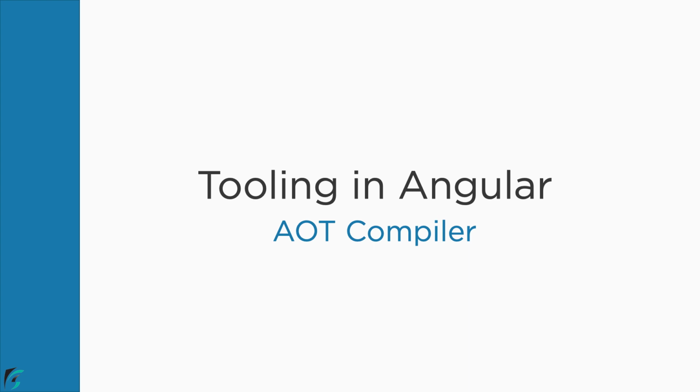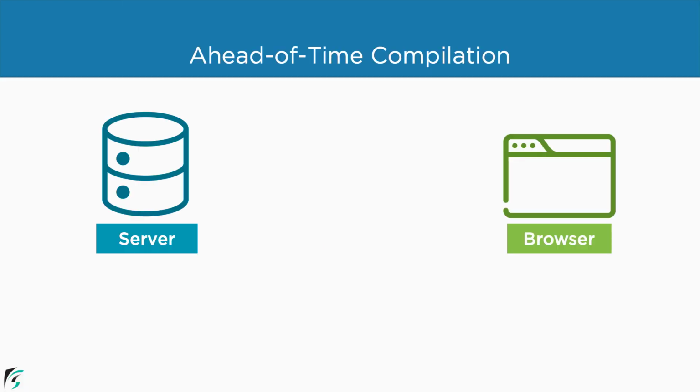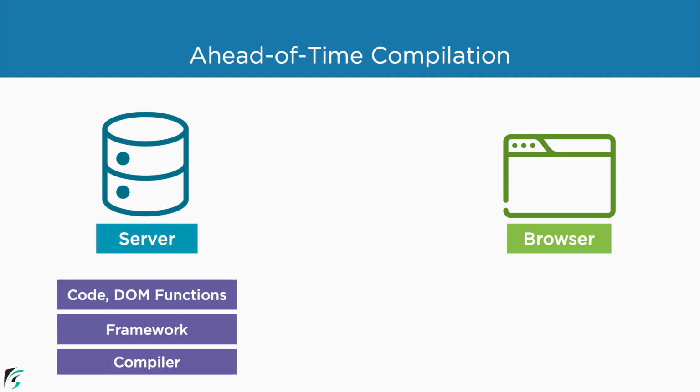AOT Compiler. Angular's ahead-of-time compiler is one of the key innovations in the Angular framework. We have the browser and the server. The server is where we have the code, the DOM functions, framework, and the Angular compiler. Now Angular compiles the template on the server itself. So when the browser sends a request to the server, we don't need to send the compiler part of our framework.